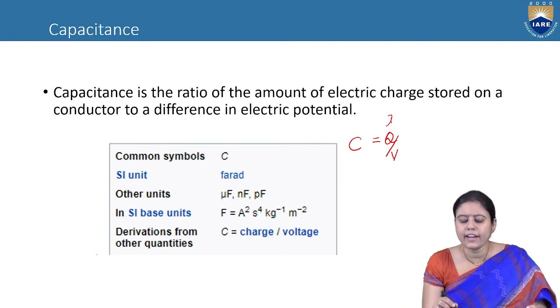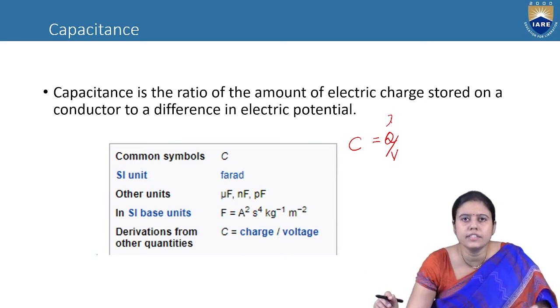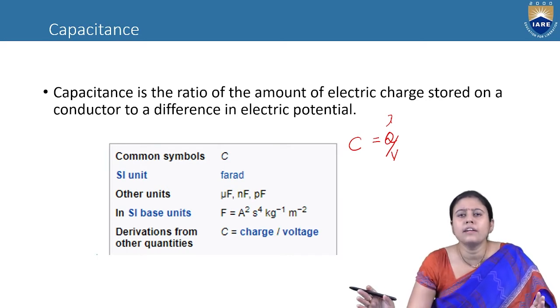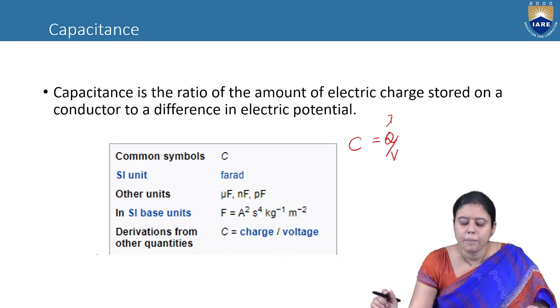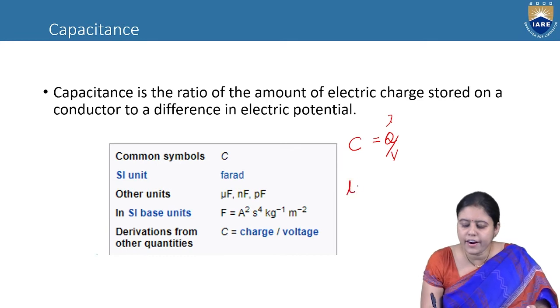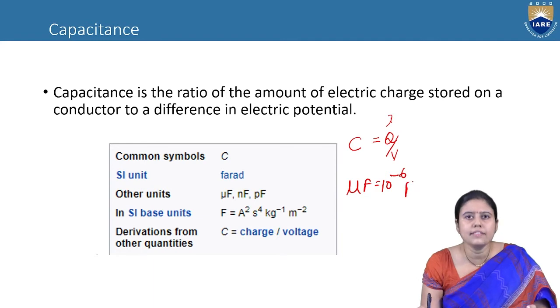Now we write the capacitance using the symbol C, and its main unit is the farad. For daily life, the capacitance ranges in microfarad, which means 10 to the power minus 6 farad. Then nanofarad means 10 to the power minus 9 farad.